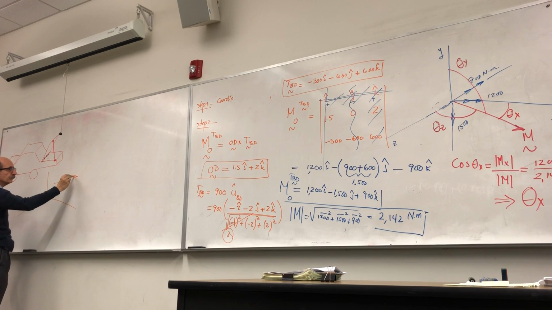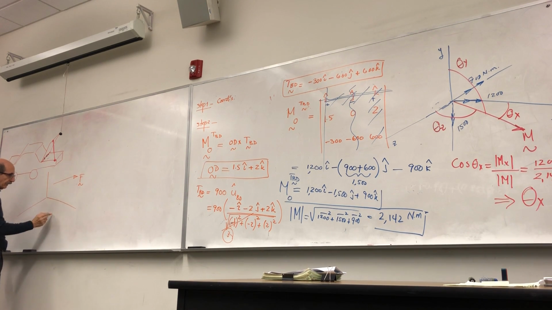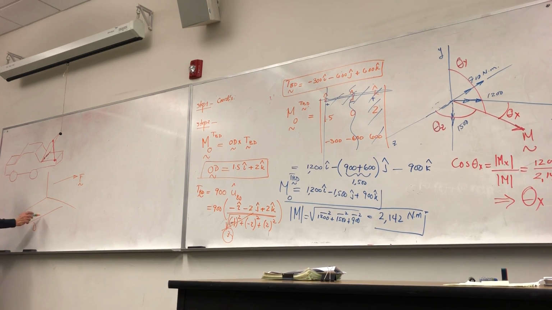You have a force, F, and you're given an axis, D, and you want to basically find the projection of the moment that this force is making about the point of this axis, about this axis, along this axis.